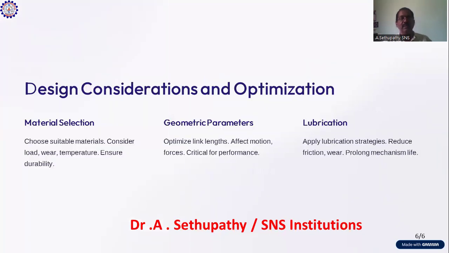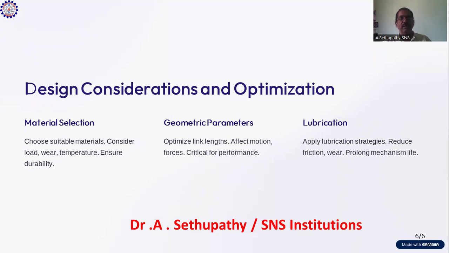What are the design considerations and optimizations for this mechanism? Material selection: choose suitable materials, considering load, wear, and temperature, to ensure durability. These are the factors we consider before selecting the material. Then geometric parameters: optimize link lengths, which affect motion and forces and are critical for performance.